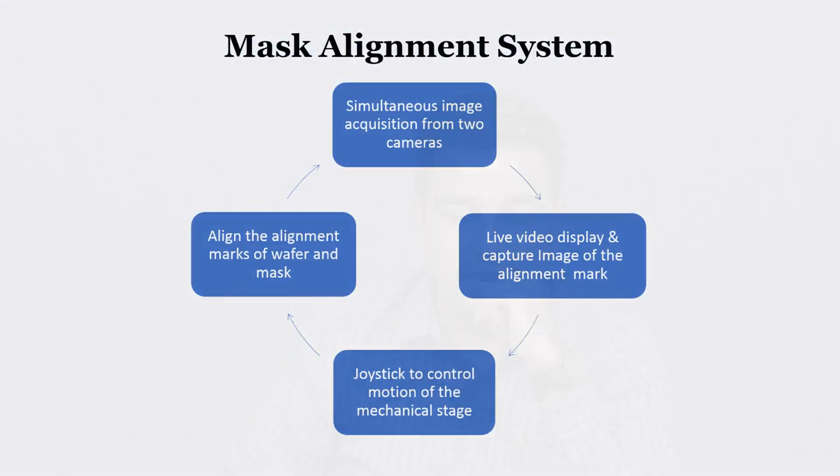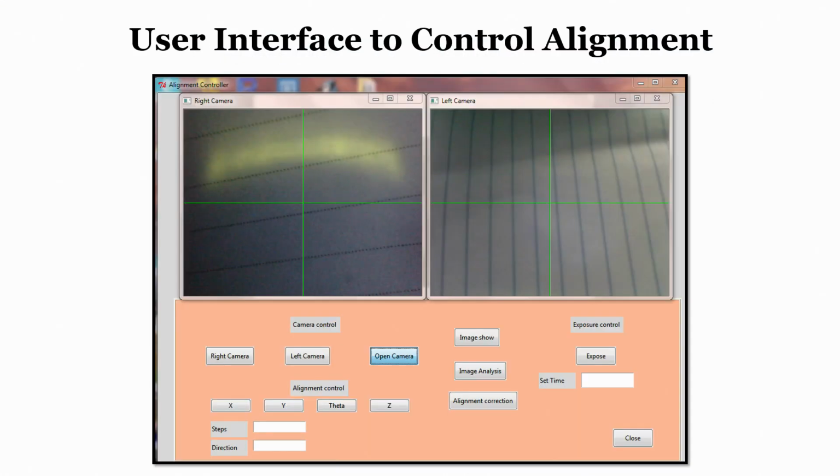Then it will look something like what I am showing you now. If you see the slide, this is what it should look like. Of course, it depends on you how you want to create your control alignment interface, but if you see here, our right and left cameras can see simultaneously.